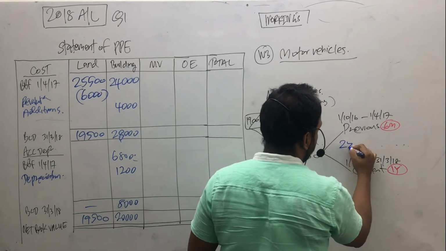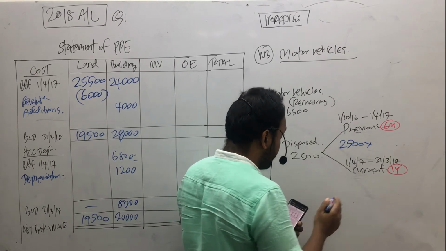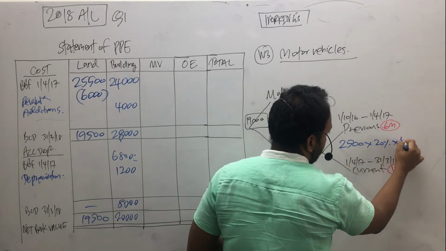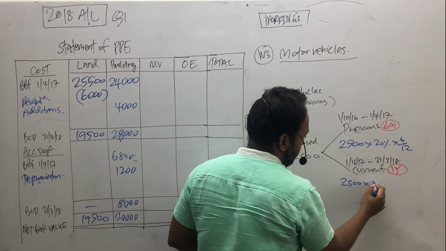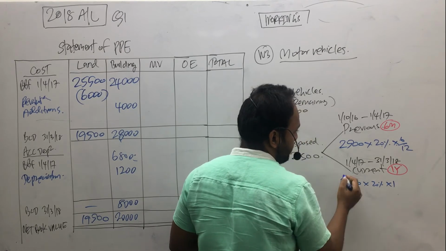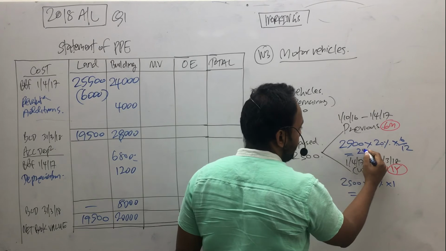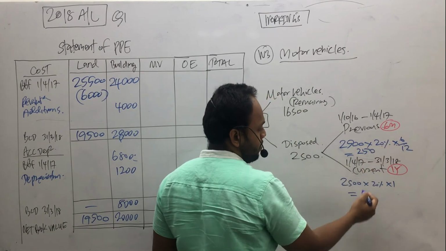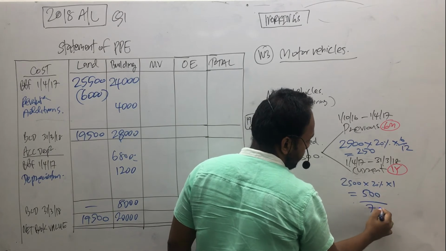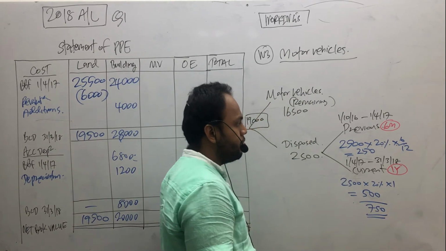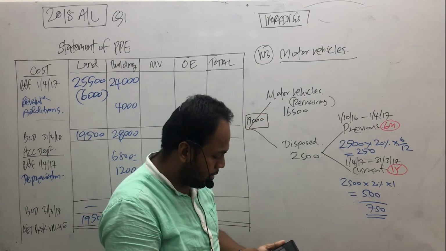2,500 into the depreciation rate for motor vehicle, 20%, into 6 months. Then 2,500 into 20% into 1 year. So 250, this is 10%, and 20% is 500. So total depreciation of the disposed motor vehicle is 750.